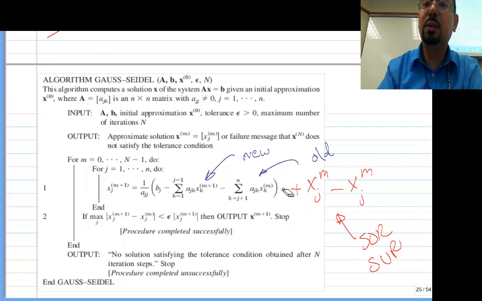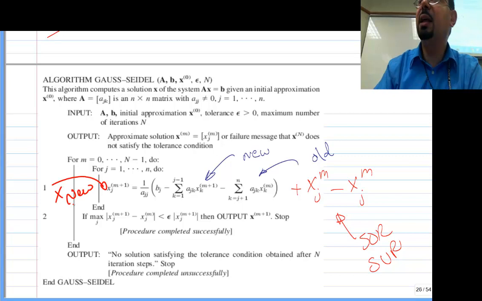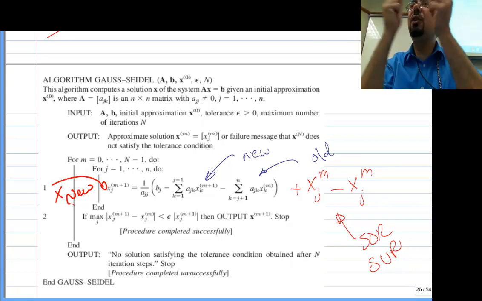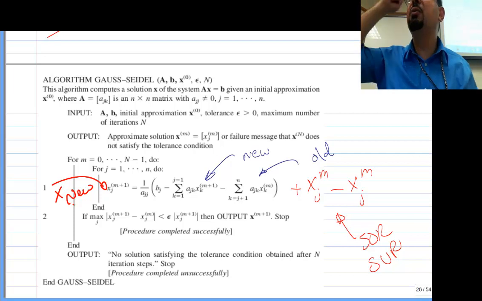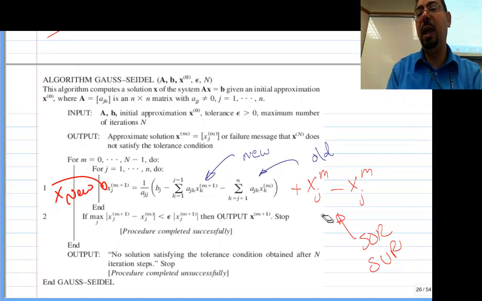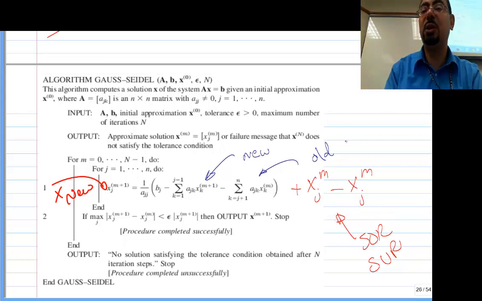So this formula over here, don't look at the red one yet. The formula over here is the formula for the x new, right? That's not for the difference between x new and x old. I want to see the difference between x new and x old, so I can multiply by 1.5 and make it bigger. So to get it, you add and subtract x. So this is old and old.